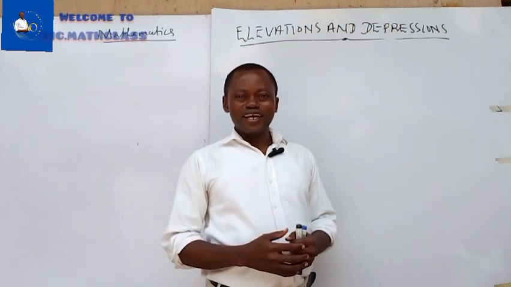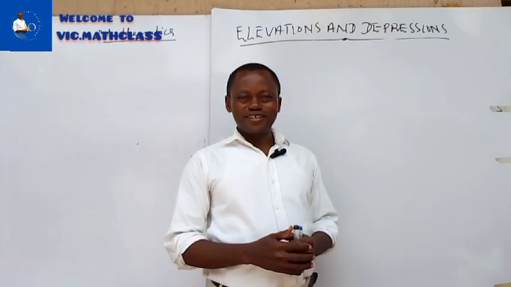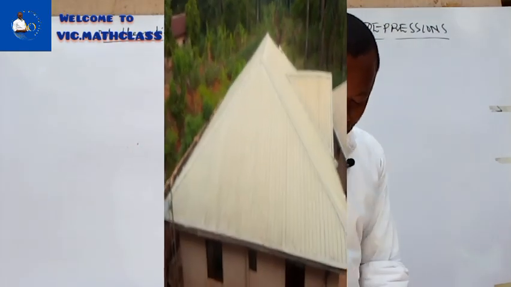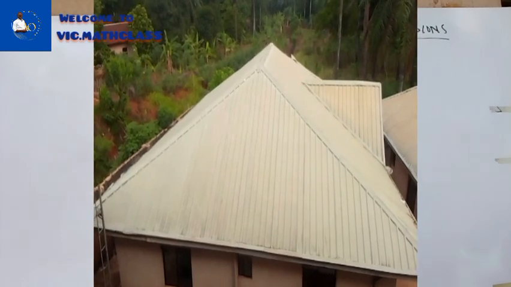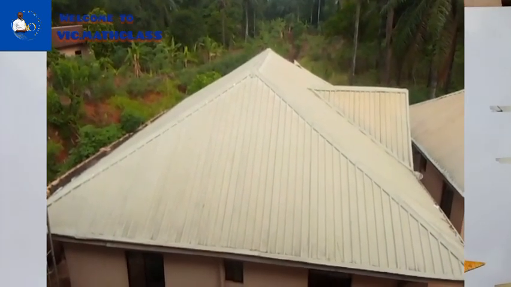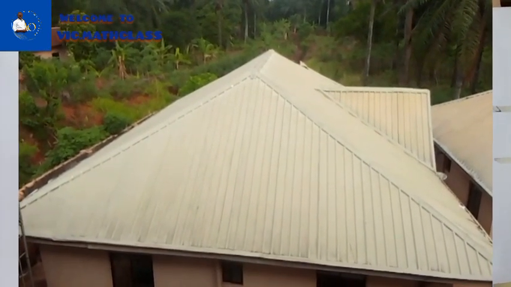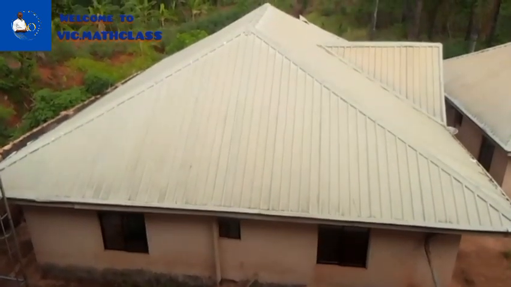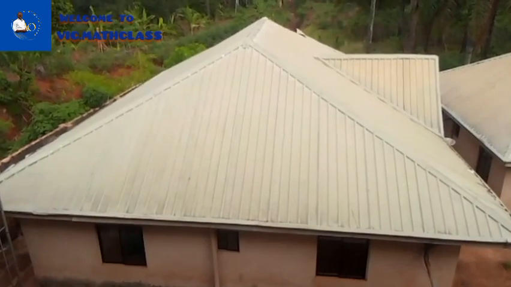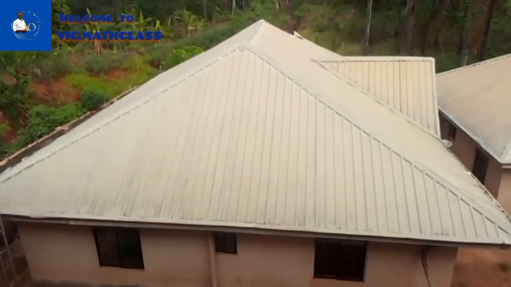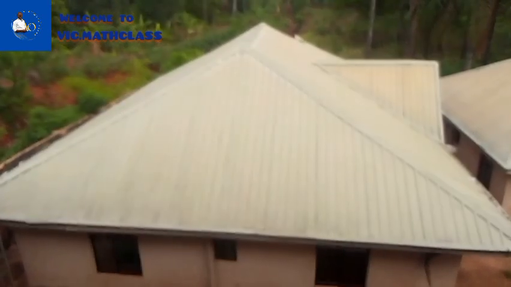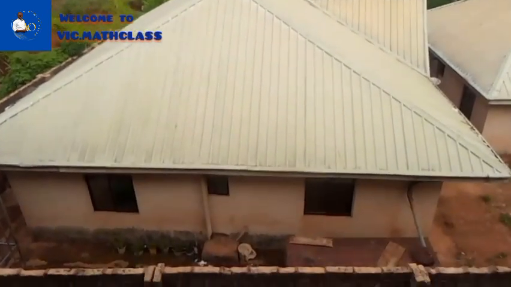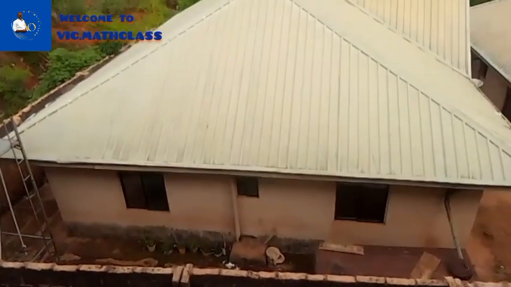Once again, I want you to take a look at this while I put up the diagram. Do you realize that it will take somebody who is on a higher height to be able to see the top of the roof of this building? The height where I am is higher compared to the height of this building, and this building also has a height.